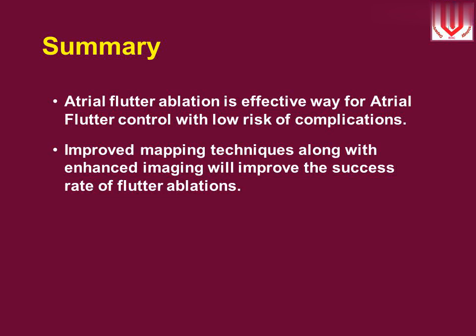Summary: atrial flutter ablation is an effective way for atrial flutter control with low risk of complications. Improved mapping techniques along with enhanced imaging will improve the success rate of flutter ablations. This module has discussed the various types of atrial flutter, along with treatment modalities. The use of RF ablation for atrial flutter is a new treatment option for selected patients with atrial flutter.